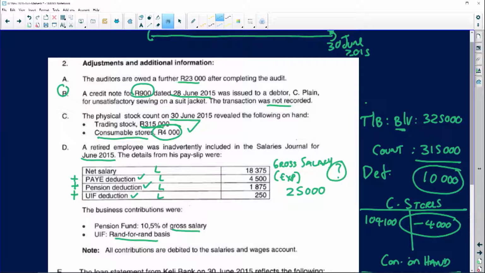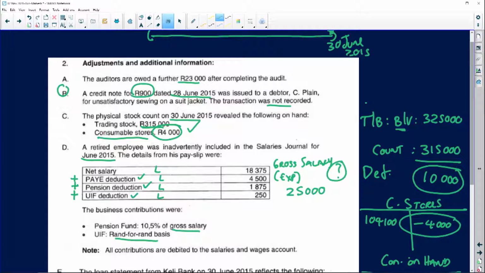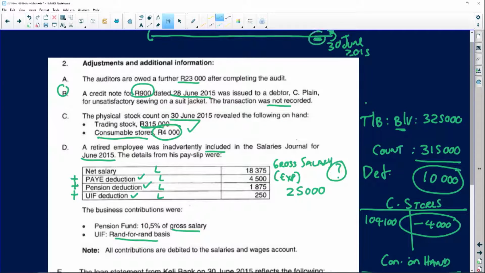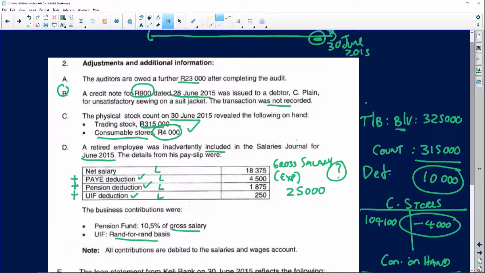Right, now when it comes to the actual adjustment itself, if we go back to the very beginning, remember in error we included someone that retired in the salaries journal. That person should not be in the salaries journal because that person no longer works for the business. So I need to subtract this amount from my income statement, salary and wages amount that is given to me.